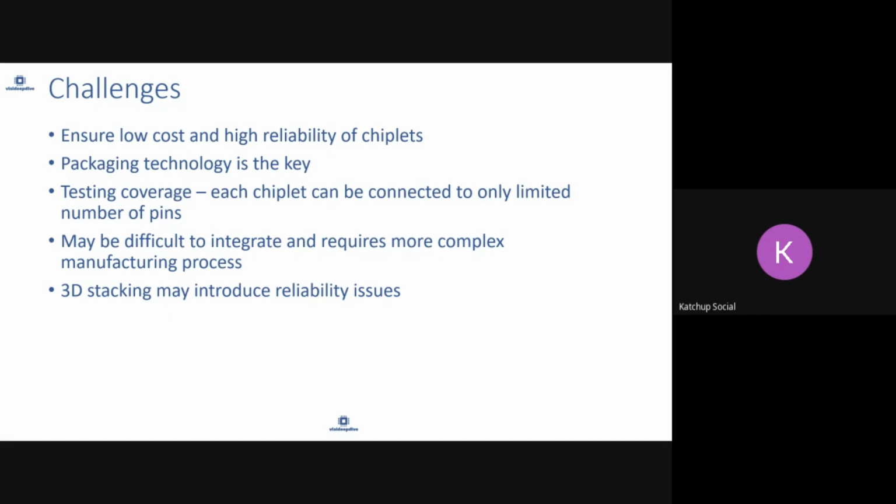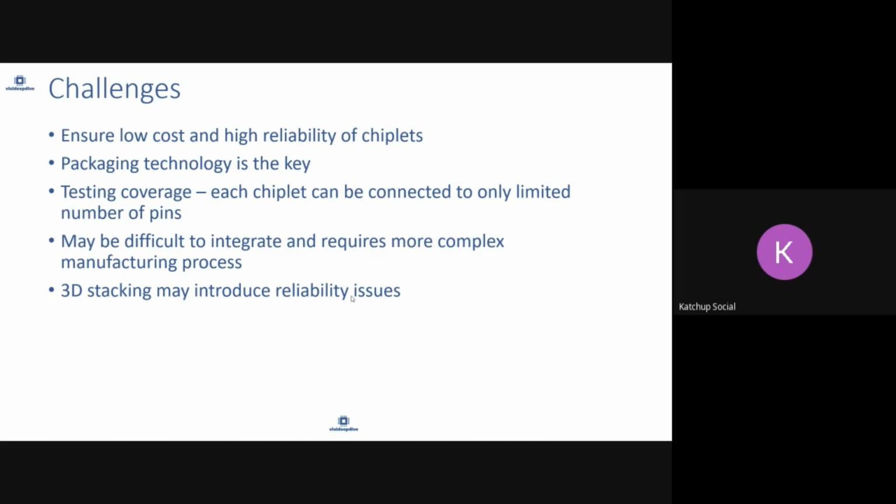In addition to that, there is a question of testing coverage, since these are chiplets: testing the whole system, DFT, how each chiplet can be connected with only a limited number of pins. The manufacturing process to integrate this is difficult and may require more complex steps, which we'll talk about. And in addition, 3D stacking may introduce reliability issues. So there are also certain challenges.